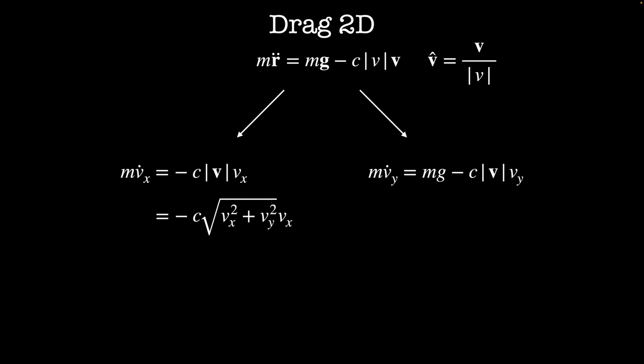Likewise, for the y equation of motion, I have m vy dot is equal to mg minus c times the magnitude of the velocity times vy. So this is equal to mg minus c times the square root of vx squared plus vy squared times the velocity in the y direction.